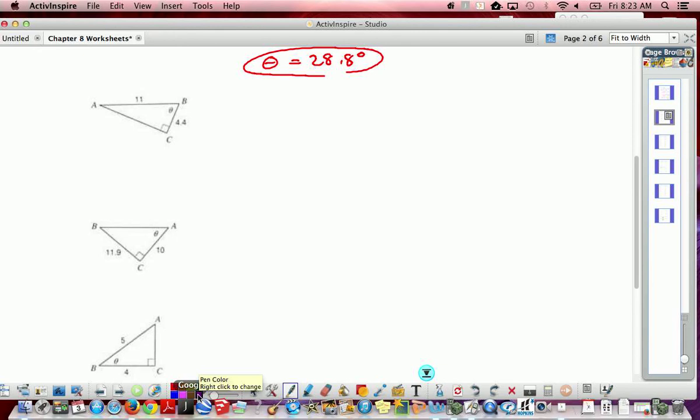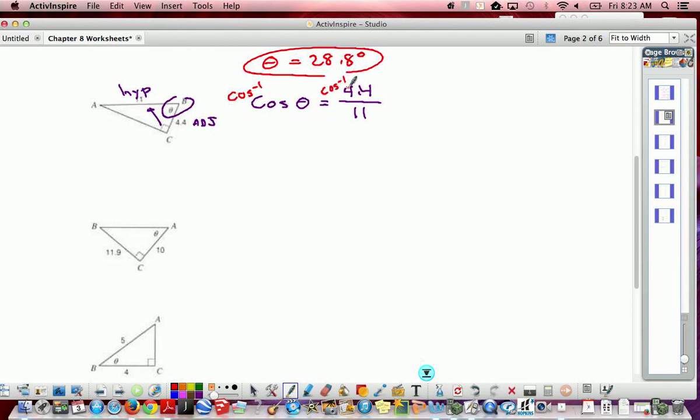Number 3. So here's our theta. Take a look here. It looks like we got the adjacent, and we have across from the hypotenuse. So adjacent and hypotenuse here, we go back to a cosine. So we're going to go cosine of theta equals adjacent 4.4 divided by hypotenuse, which is 11. So cosine inverse.